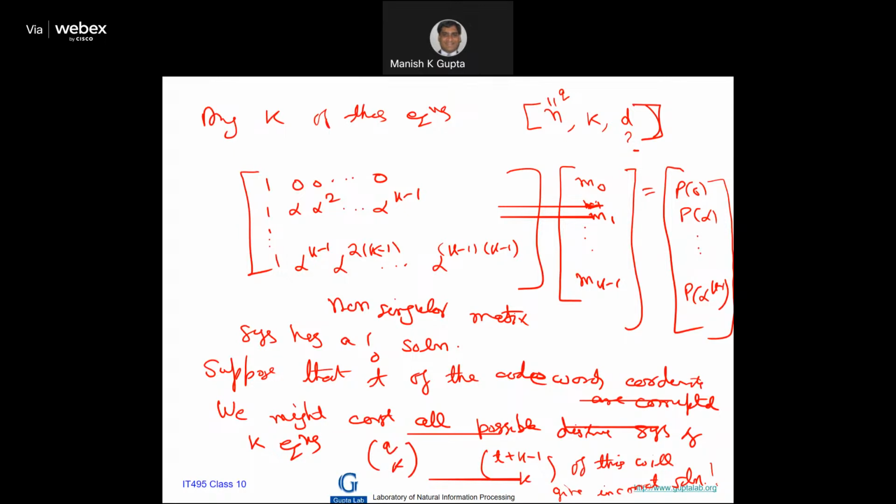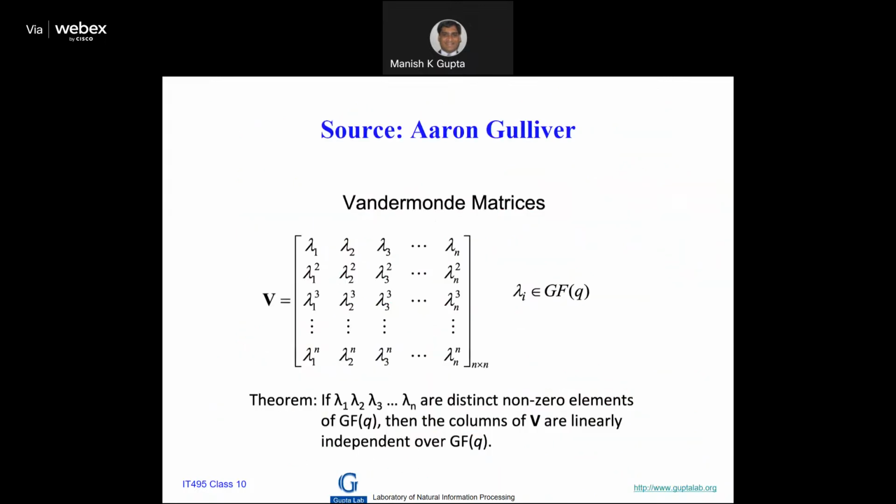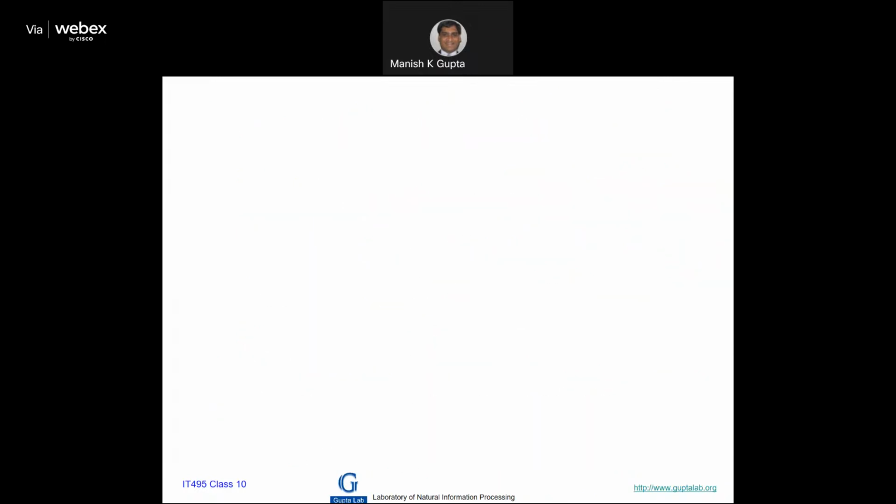Now, we can correct the errors by doing majority decoding, that is, by taking the majority opinion among all the solutions. So we will get correct information.